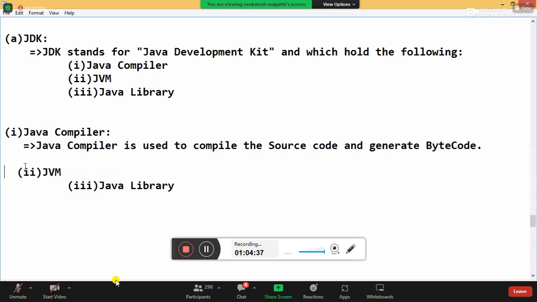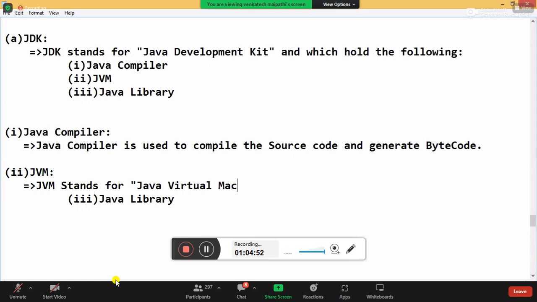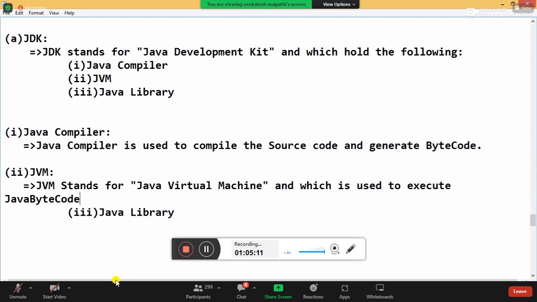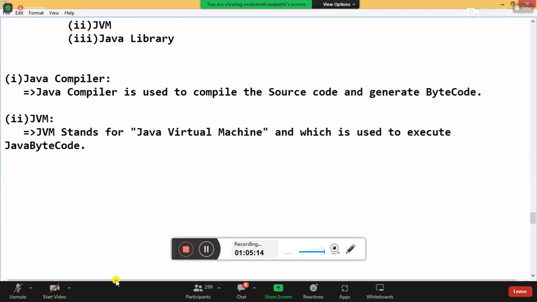Now, what is JVM? JVM stands for what? Java Virtual Machine, and which is used to execute Java bytecode.